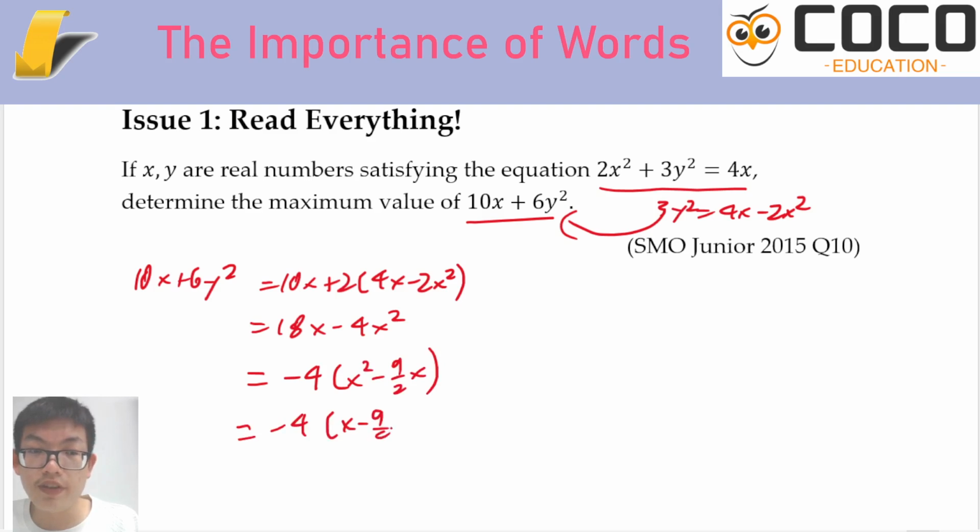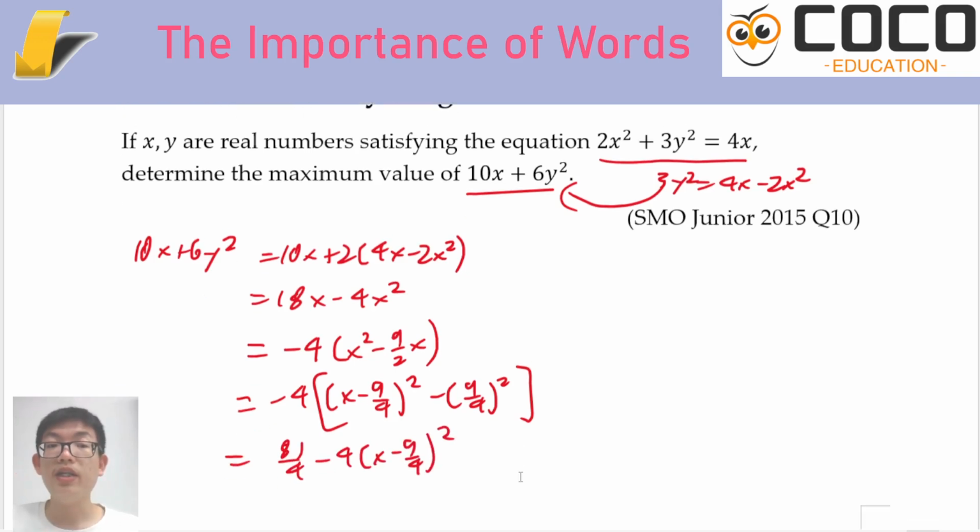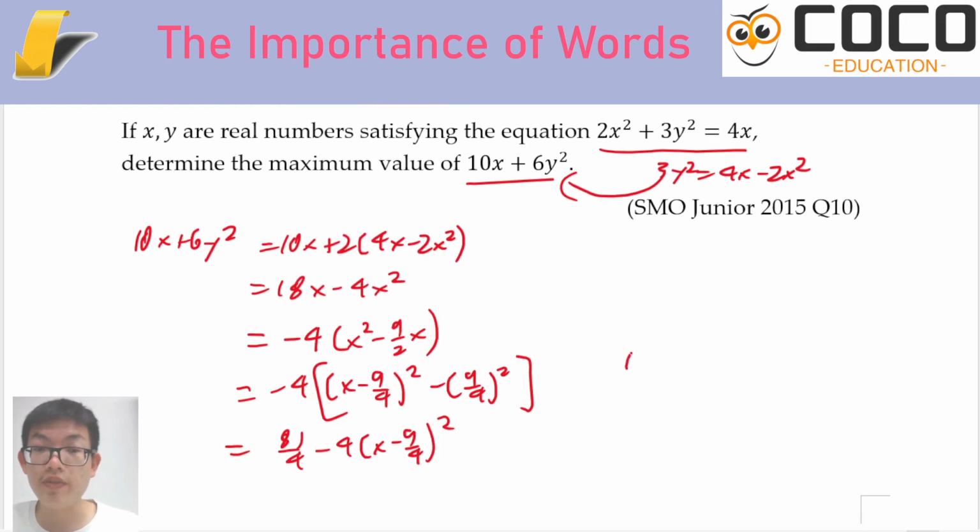This is all very traditional stuff. And eventually you end up with 81 over 4 minus 4 times of this square. And so therefore you conclude that the maximum value is 81 over 4. Is that right?